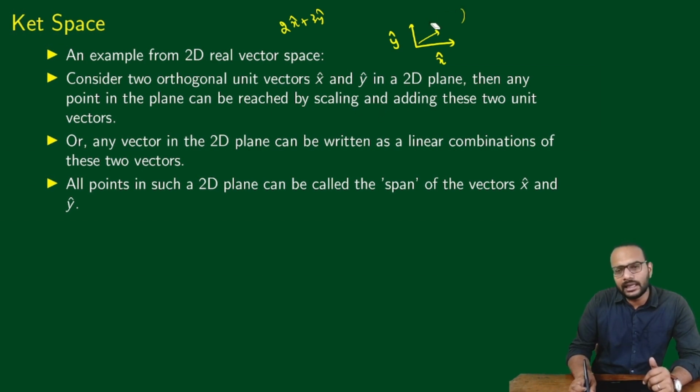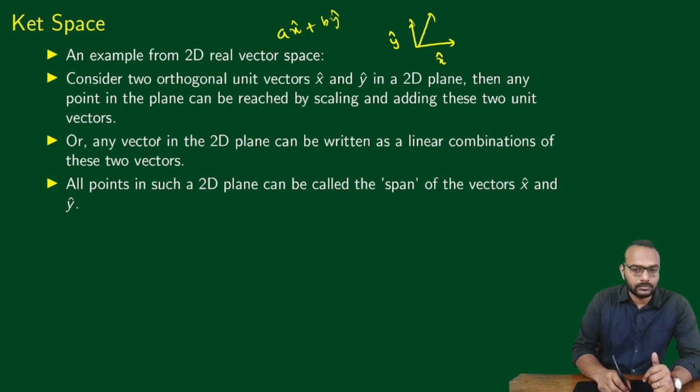Basically, any vector that you can draw in a two-dimensional plane can be represented as a linear combination of x hat and y hat.